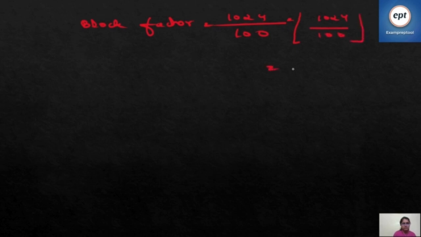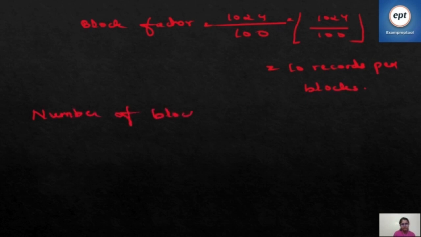So the value comes out to be 10, that is, 10 records per block. Now let's calculate the number of blocks. It will be 10,000 divided by 10, so it will be 1000 blocks.